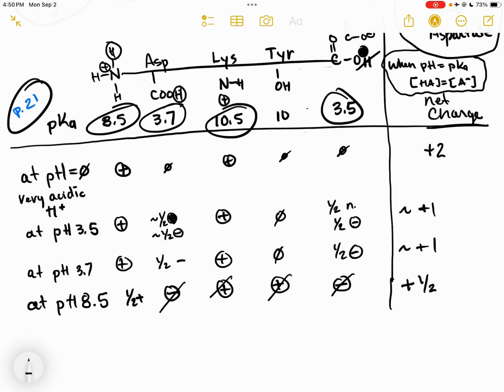I guess it would be 10, not 10.5. That's weird, because tyrosine we usually don't think of as ionizable. So, tyrosine. Where is tyrosine?